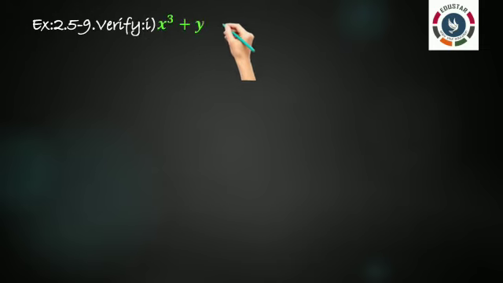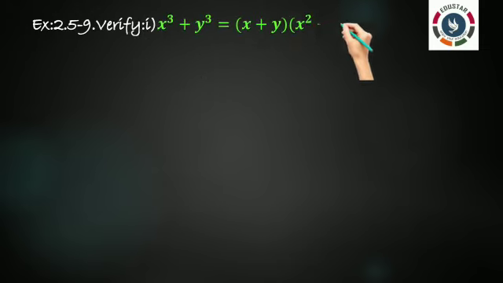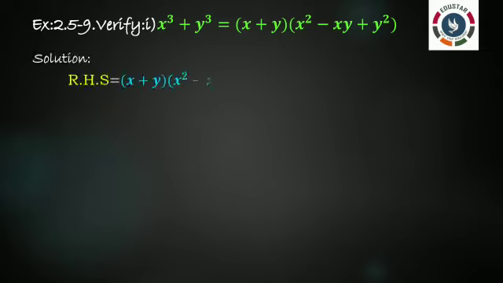Exercise 2.5, 9th sum, first subdivision. Verify x cube plus y cube is equal to (x plus y) into (x square minus xy plus y square). We have to check whether LHS is equal to RHS or not. First let us take the given RHS, the right hand side: (x plus y) into (x square minus xy plus y square).